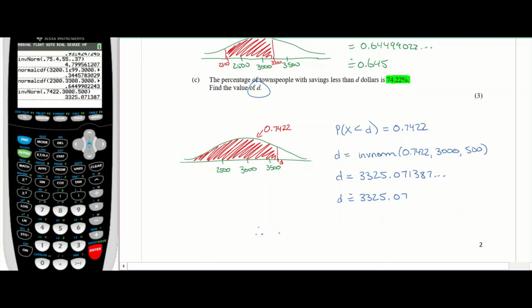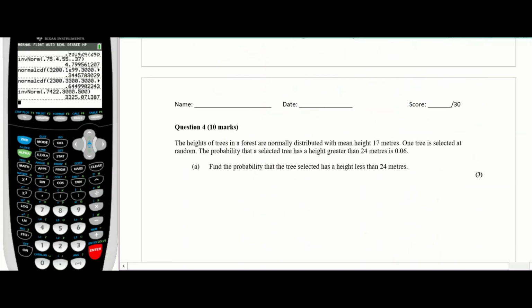So therefore, 74.22% of residents have savings less than 3325.07, and I think that's measured in dollars. So I'm not always putting my therefore statements in these questions, but I'm trying to illustrate occasionally what they should look like. Okay, home stretch, one more question.